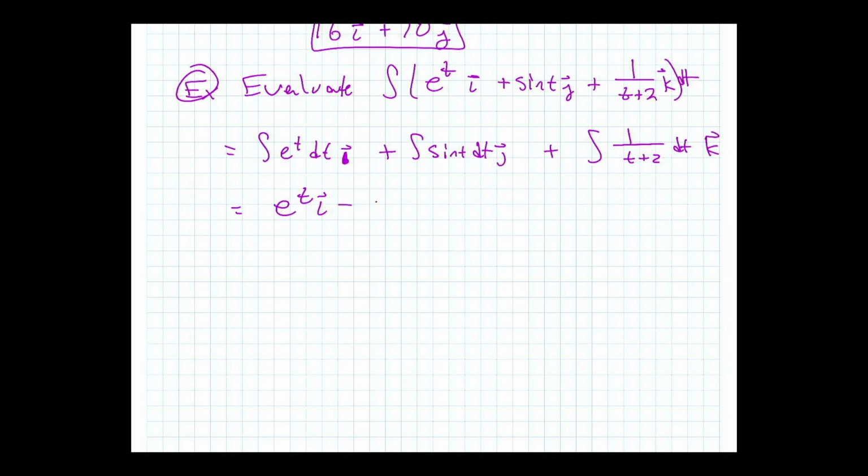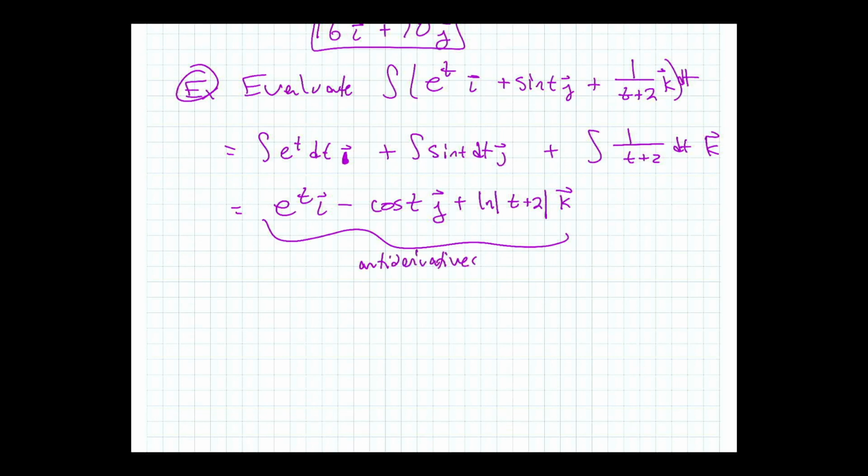So we have negative cosine t j plus, here I have an integral of 1 over t plus 2 dt. You got to remember how to do that. That's going to be a natural log. Natural log absolute value t plus 2. Okay. So there's your antiderivatives, right? So we just have our three antiderivatives.